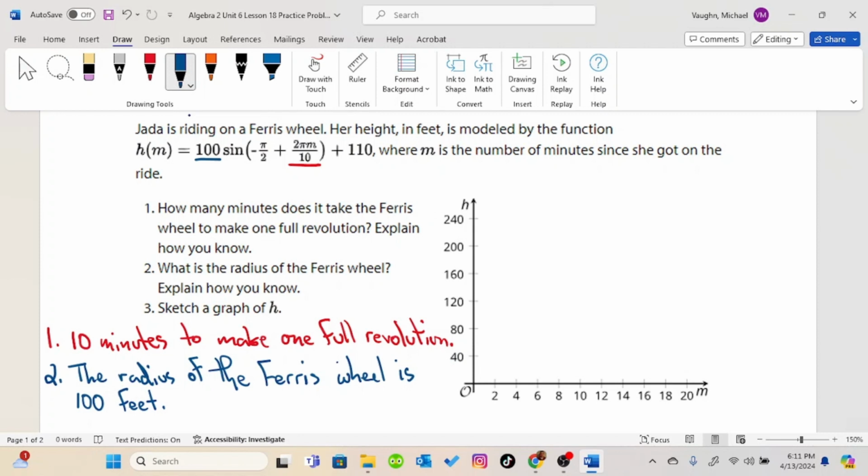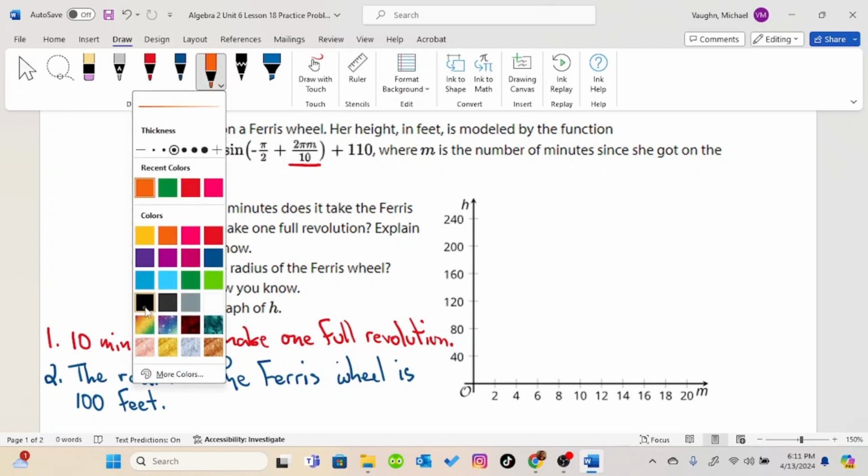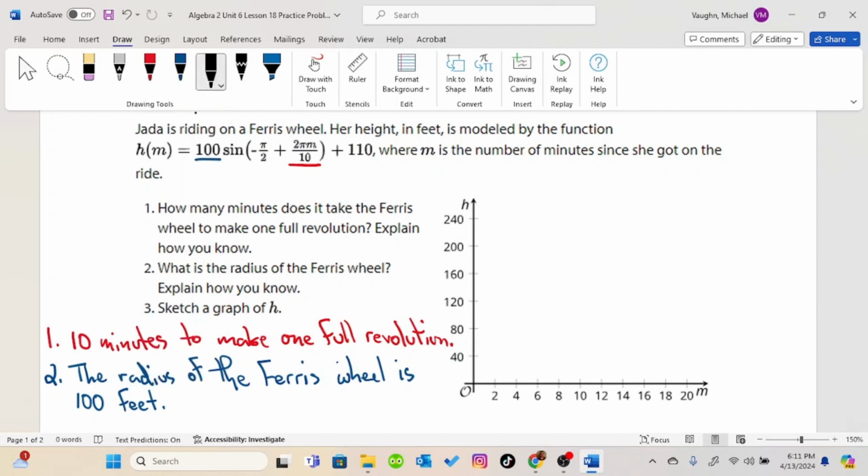And number 3, sketch a graph of h. So one thing that might help is drawing a quick image of what we're talking about.